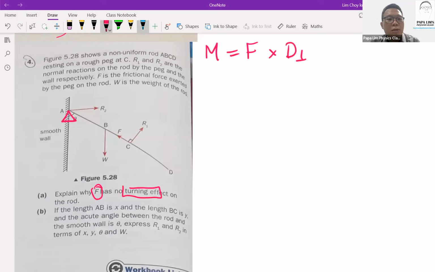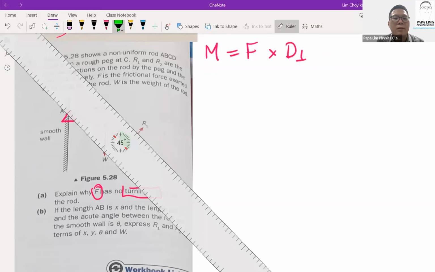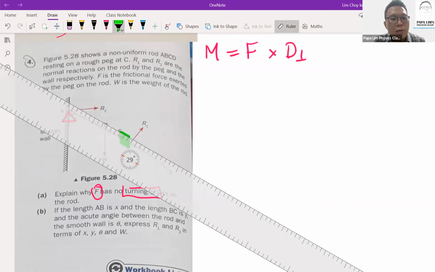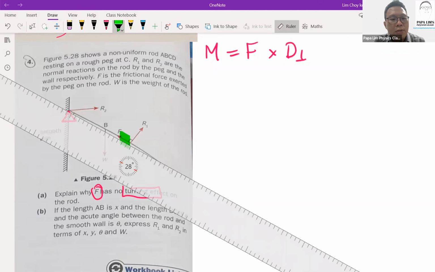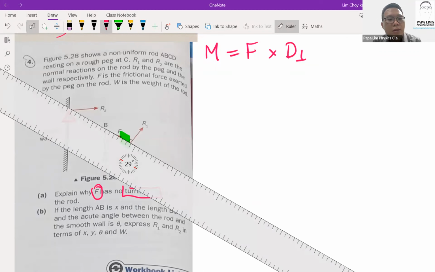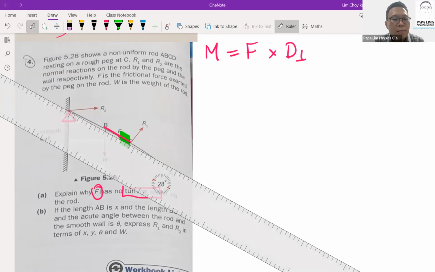In this question, I have the force, which is F. Now what I need to make sure is, do I have the perpendicular distance? The technique that I do in class is I always tell my students to copy the force line, the line of action of the force, which is this. You copy the same line, same orientation, at the pivot.